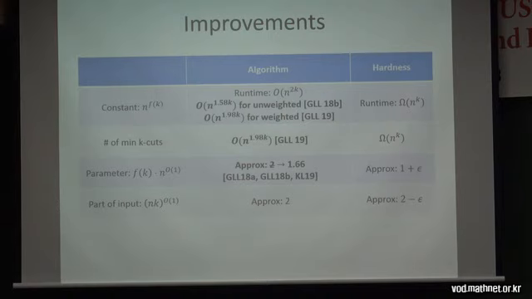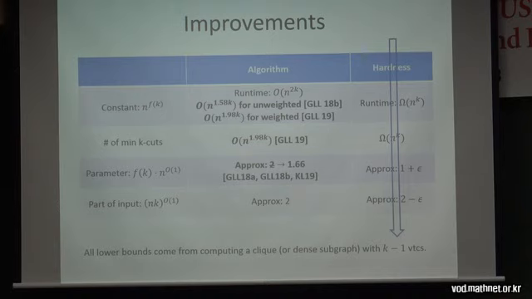Okay, so this was a recap of my results. We got better approximation algorithms, better exact algorithms, and improved extremal bounds. If you look at the hardness lower bound, it is n to the k, essentially coming from k-clique.